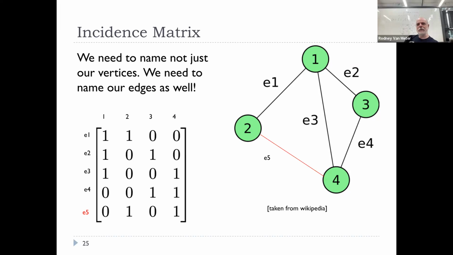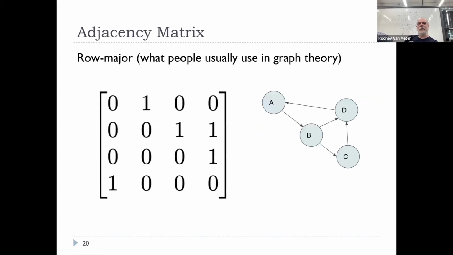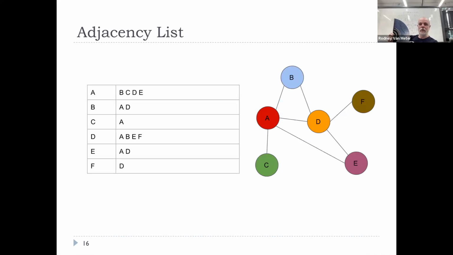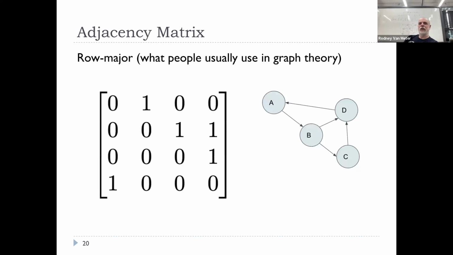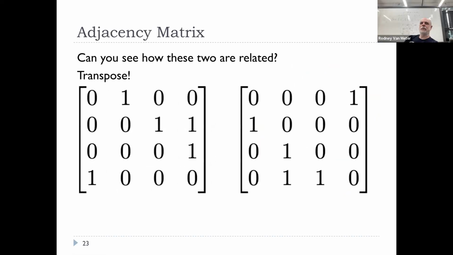So let's see, any questions about these representations for graphs? Either we had the adjacency list, which is a very common structure to use in software if you are writing code that deals with a large graph. But the adjacency matrix is also a very common way to do things.